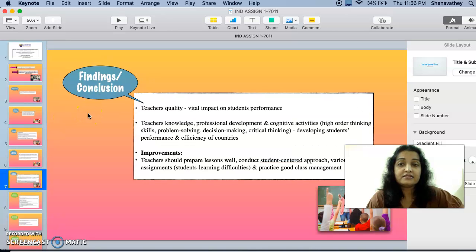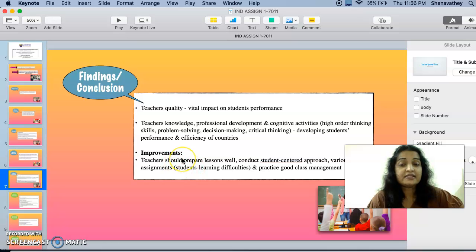The findings of this research, or the conclusion, is that teachers' quality has a vital impact on student performance. Teachers' knowledge, professional development, and cognitive activities, which include high-order thinking skills, problem-solving, decision-making, and critical thinking, help a lot in developing students' performance and efficiency of countries.